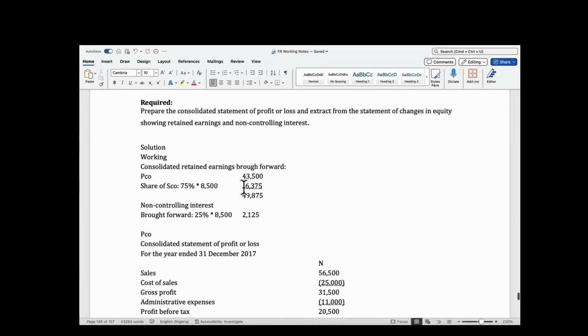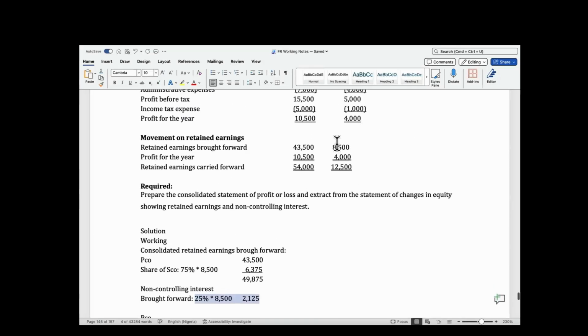The 2,125 is just the NCI's share in the retained earnings of the subsidiary. NCI's share in the opening retained earnings of the subsidiary, which is 25% of 8,500.